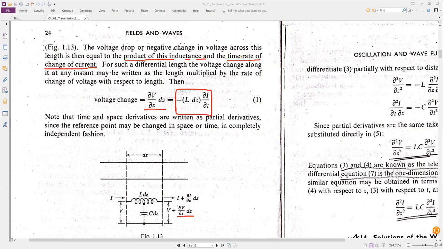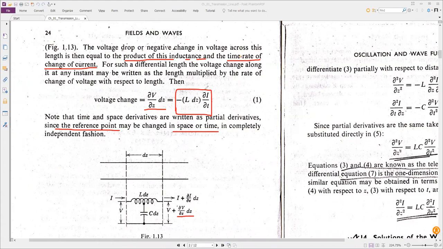Similarly, one question there, right? Why are we writing the partial derivatives here? Since the reference point may be changed in space or time in a completely independent fashion. The reference point may change in space or time. It is not fixed. That's why we are using the partial derivative.